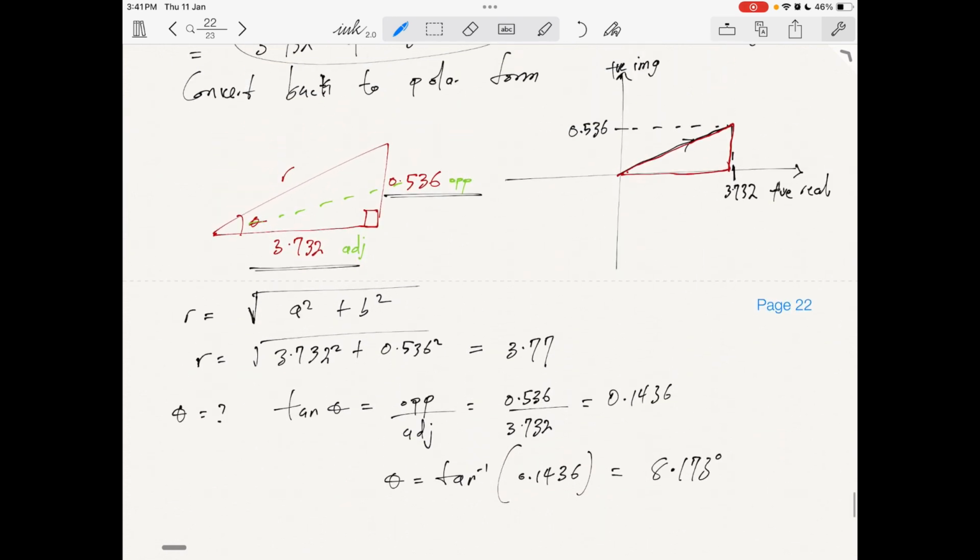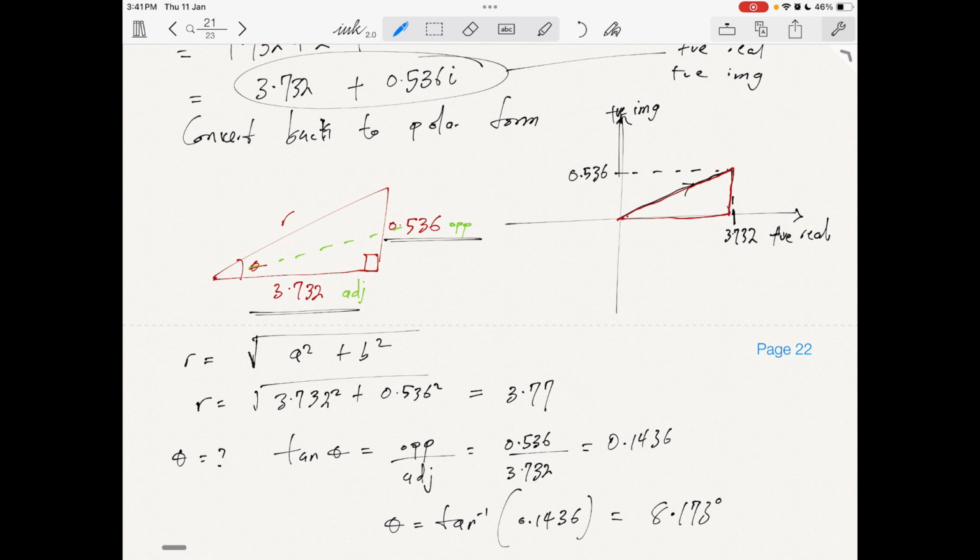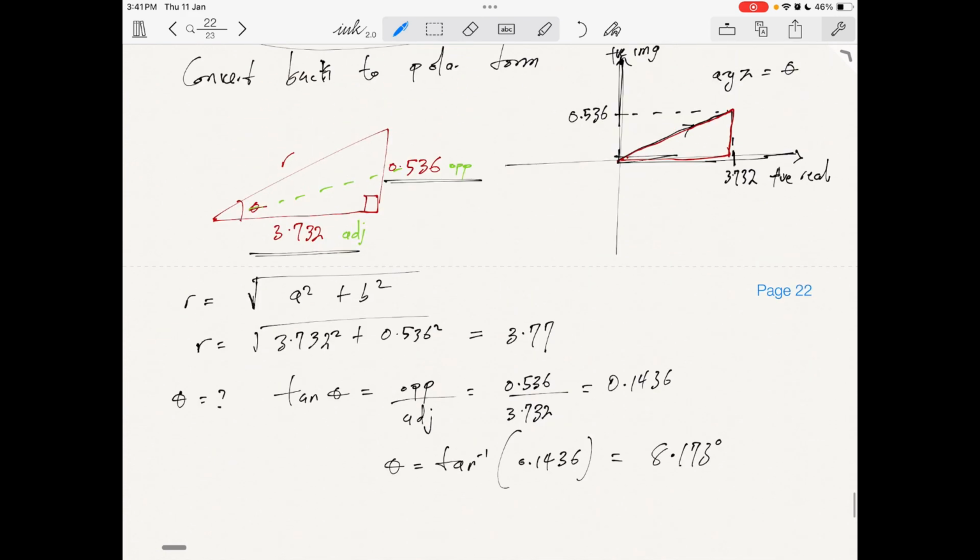Now, if you notice this, our work is in the first quadrant, and in the first quadrant, our argument z is equal to theta, right?